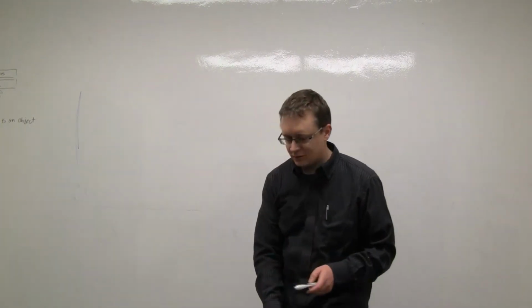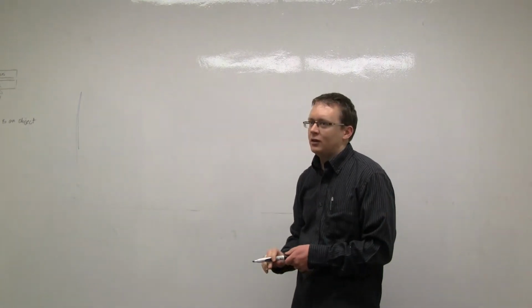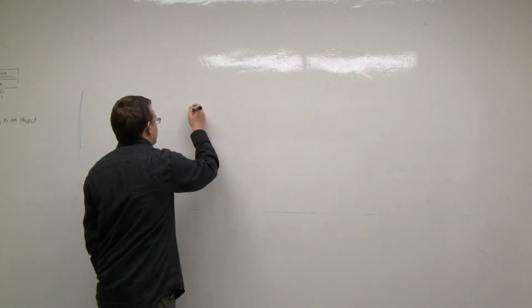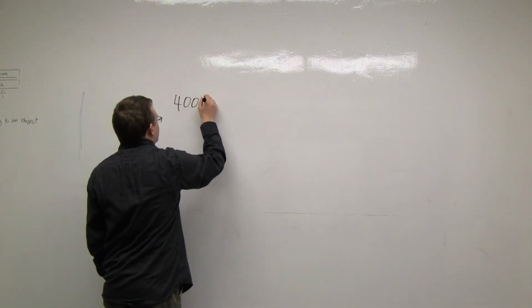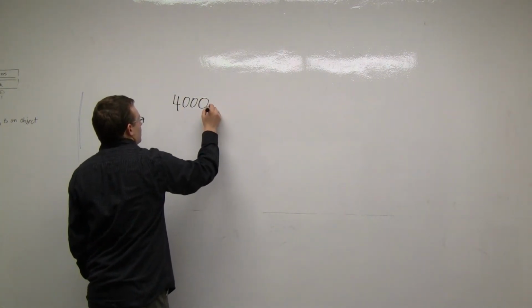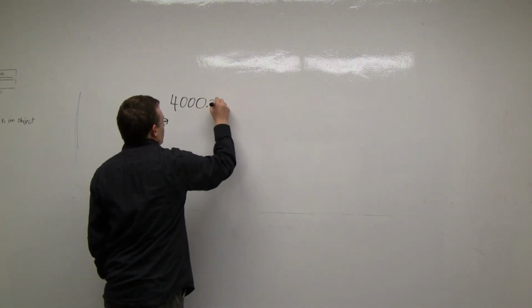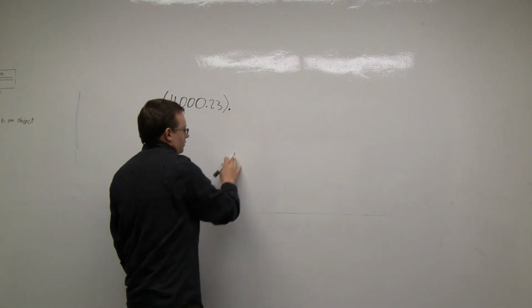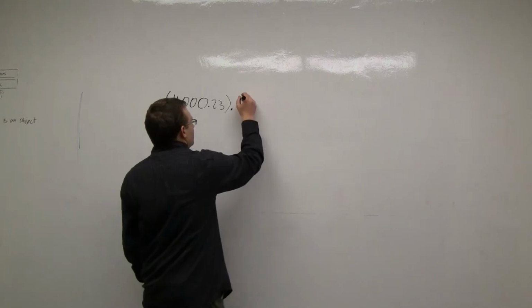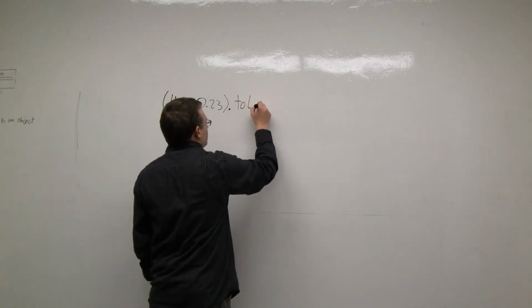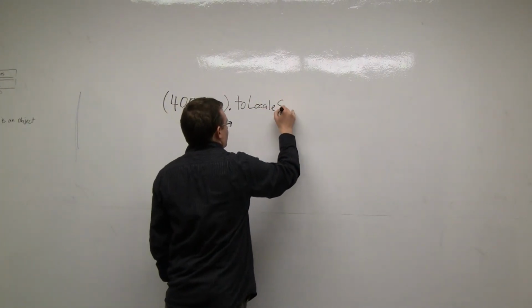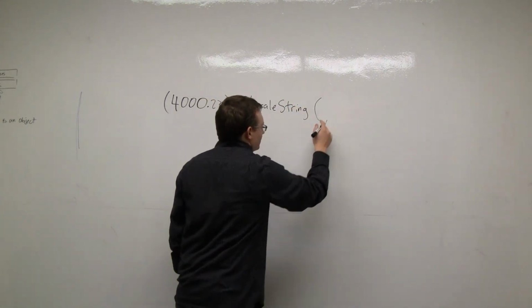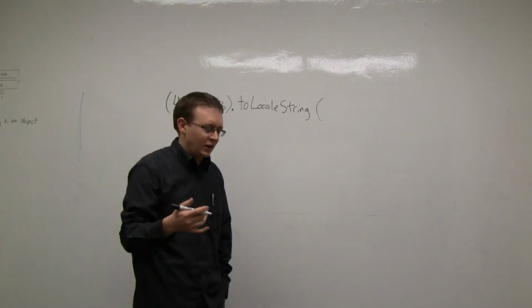Do real quick, show us with the 4,000 and the parentheses and show how you can say toLocale and they'll try it on their console. You can do 4,000.23, dot, I don't remember exactly what it is. It's toLocaleString. Perfect. And the parameter here is a locale identifier.